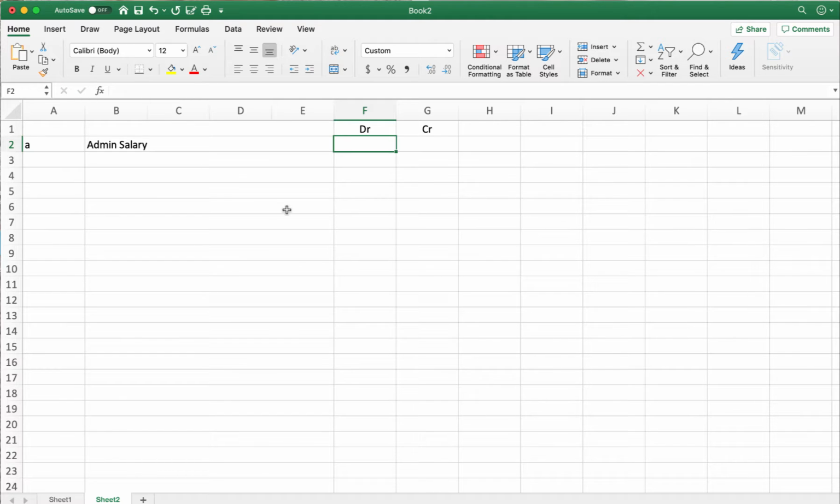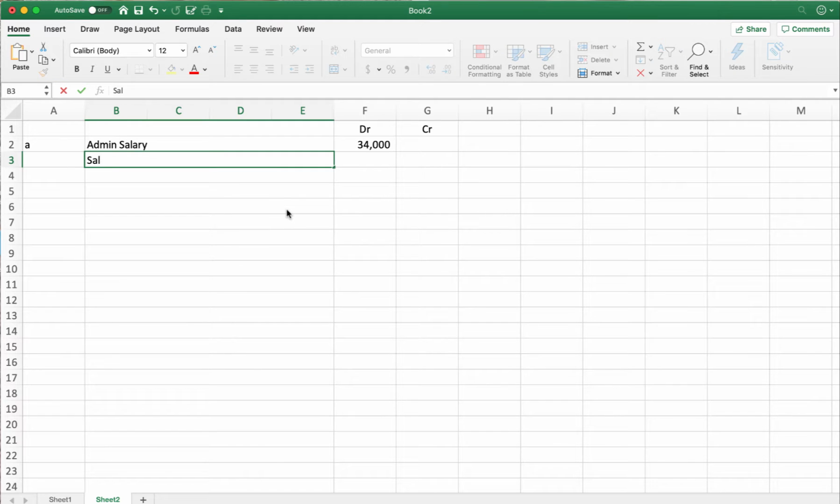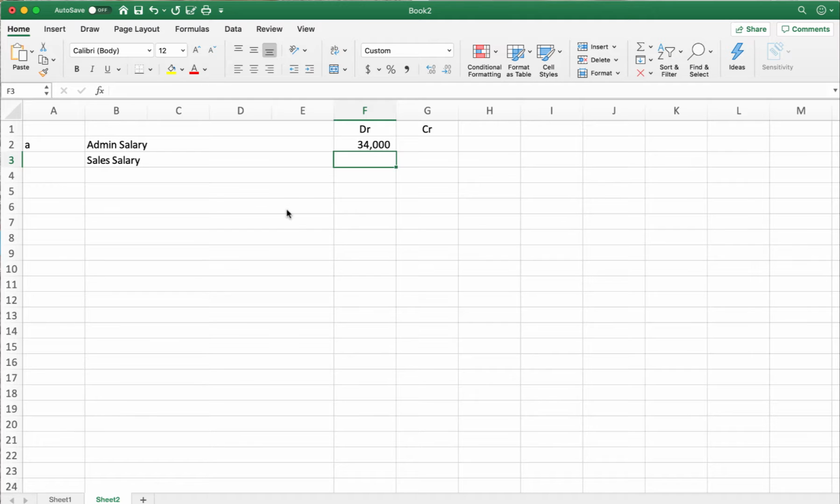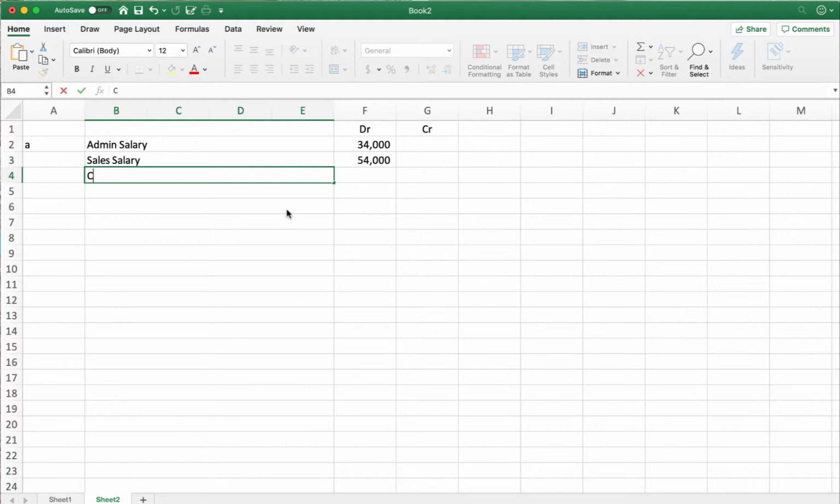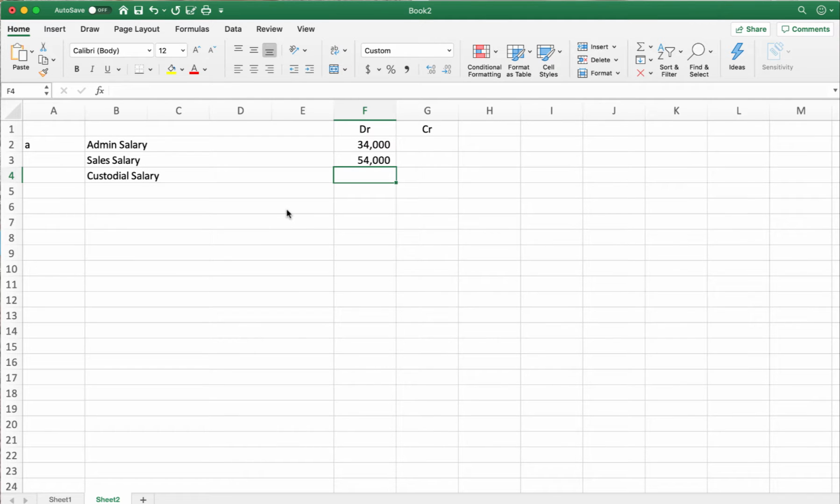Well, they already tell us what the amount is, $34,000. Then we have the sales salary. That amount is $54,000. And then we have custodial salary, and that is $8,000.